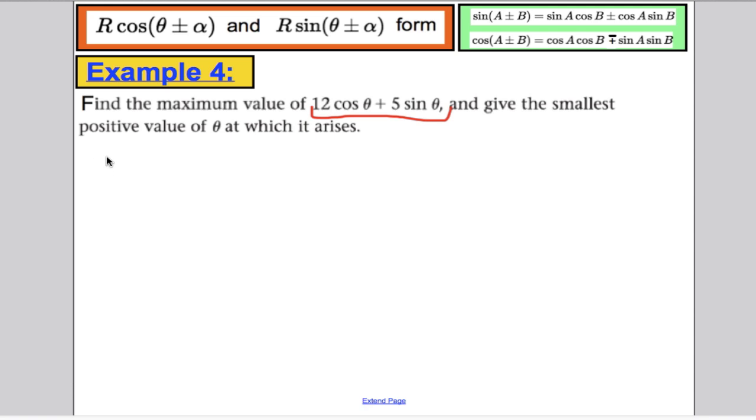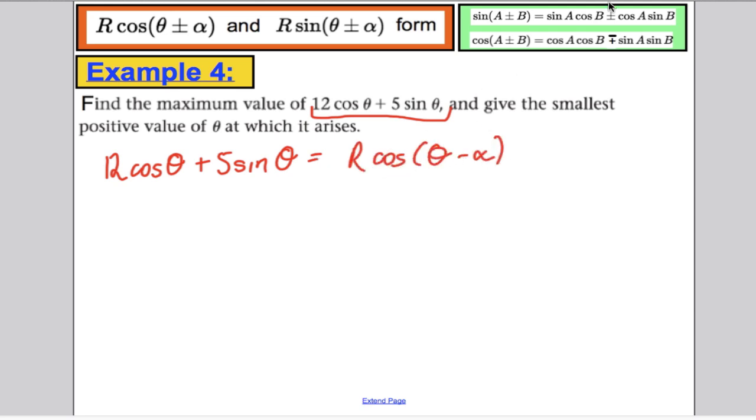So I'm going to say that 12 cos theta plus 5 sine theta, because I want a plus going on here and I want a cos in the first one, I'm going to use r cos(theta minus alpha). It doesn't matter honestly which one of these you use, and just be careful with the signs.